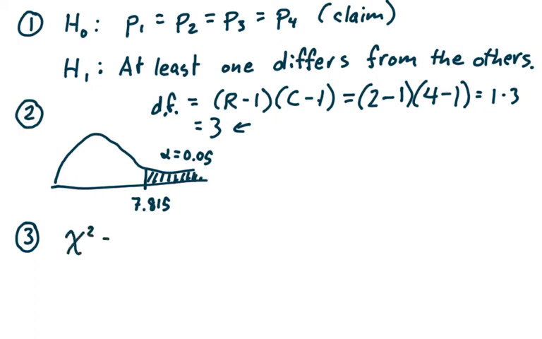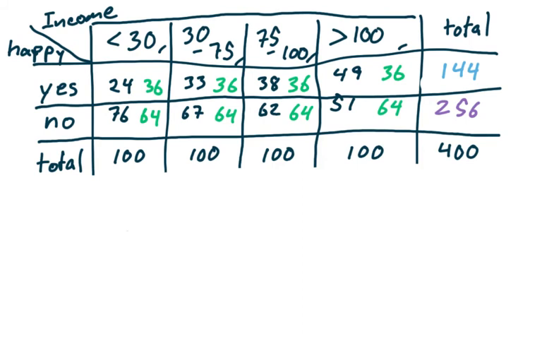And here chi-squared is going to be equal to the sum of O minus E squared, all divided by E. So I'll just go ahead and write down (O minus E) squared over E for each one of these cells here.